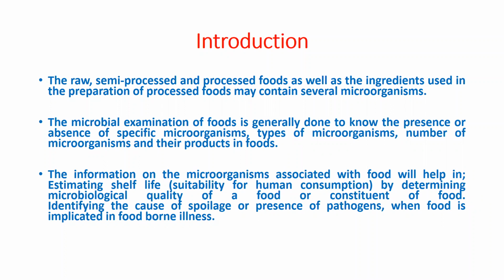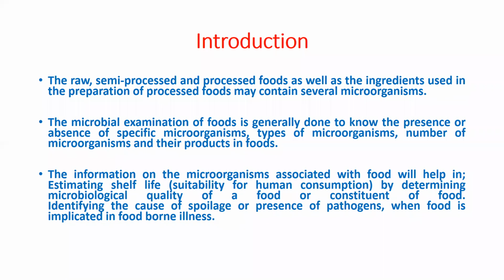So this microbial examination of food is generally done to know the presence or absence of a specific microorganism, that means whether it is a spoilage microorganism, a pathogenic microorganism, or a beneficial microorganism.